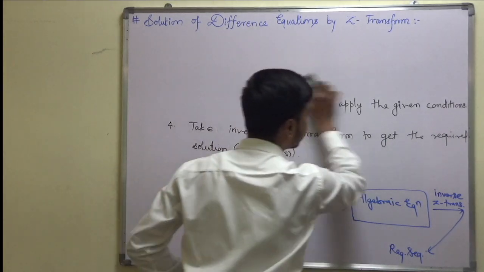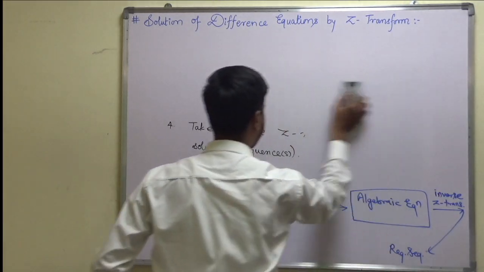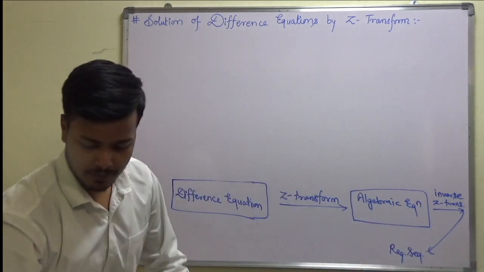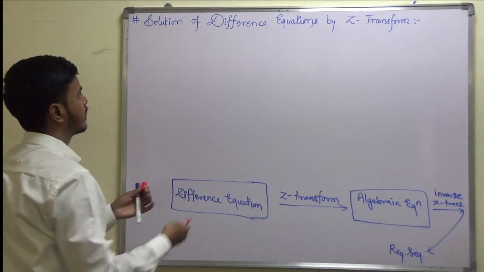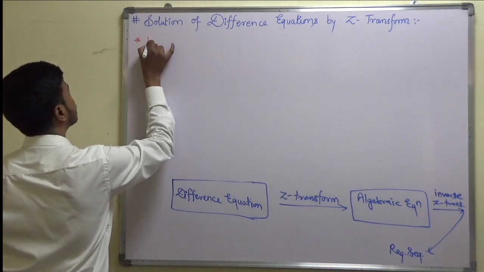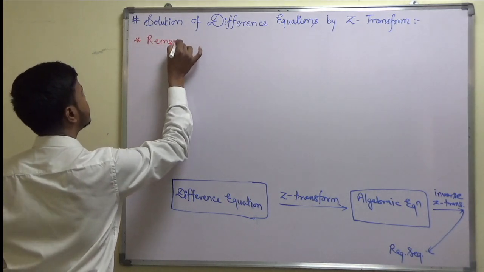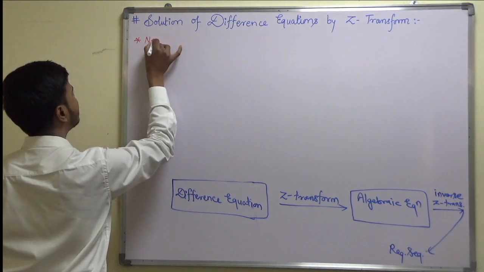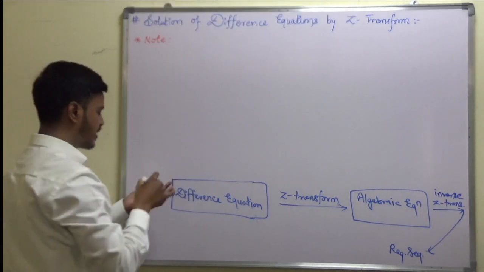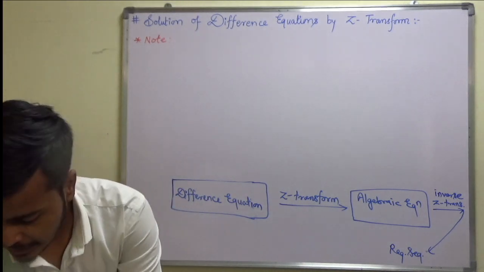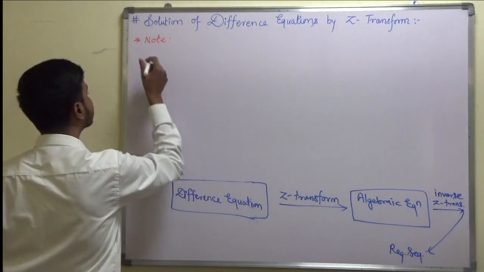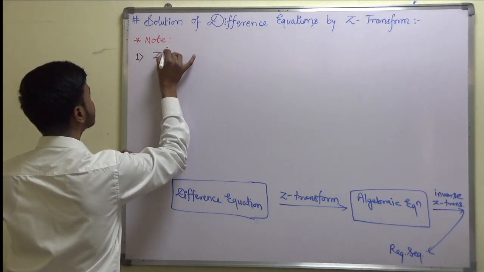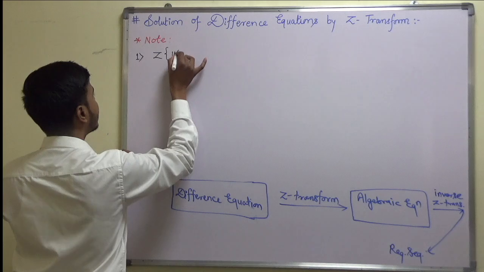So we'll write it as a remember, or as a note you can write. So the very first thing that you have to remember, we are writing it as a note, are the notations. Sometimes you may encounter things like Z transform of u of n.